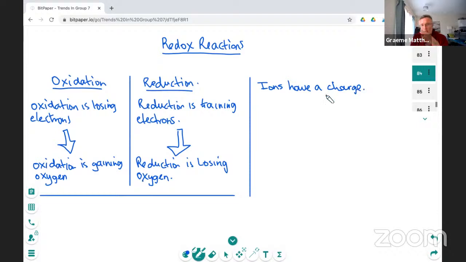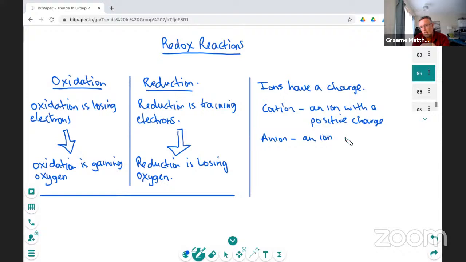Okay. And so you're thinking a cation is an ion with a positive charge, and an anion is an ion with a negative charge.